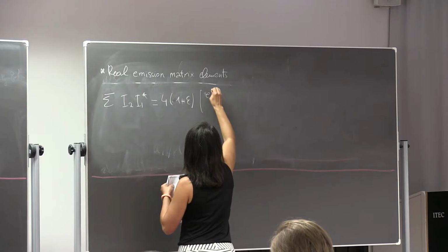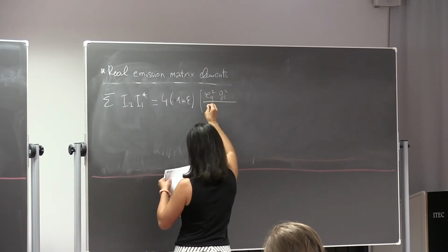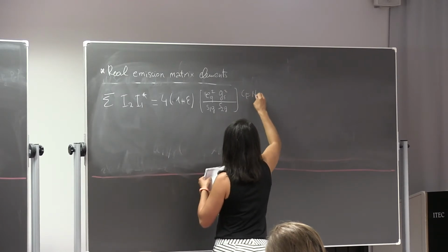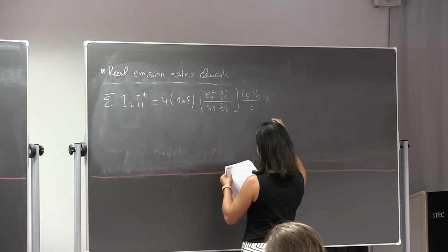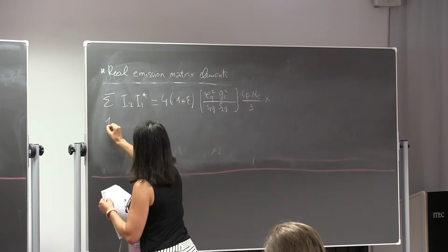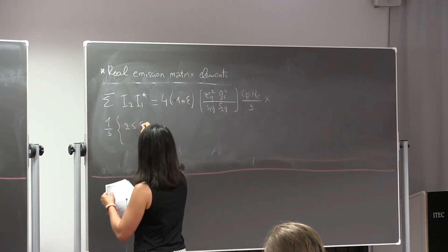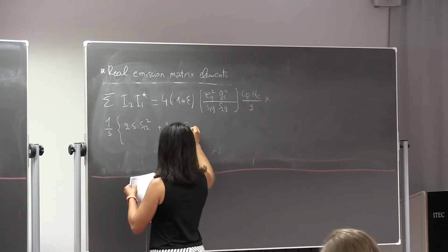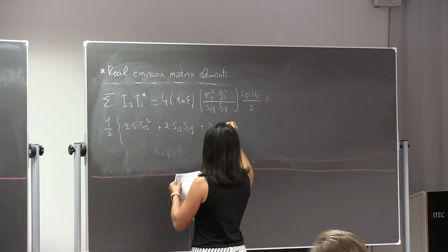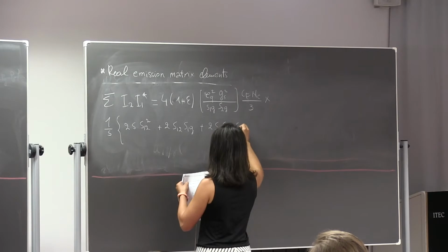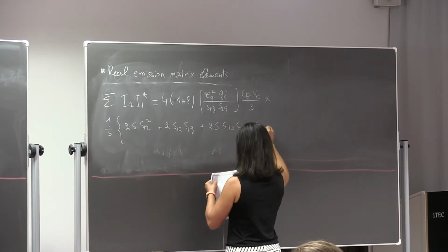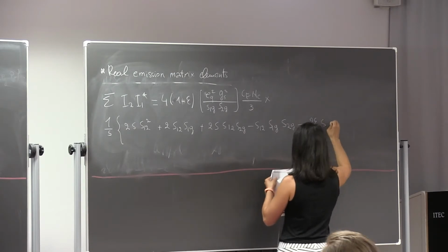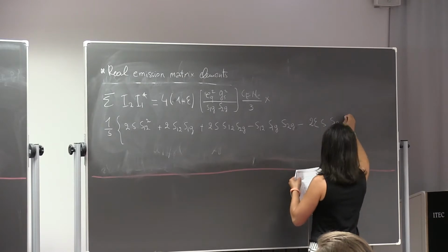And so EQ squared times 1 over s, and then you have a long expression here, 2s s12 squared plus 2s s12 s1g plus 2s s12 s2g minus s12 s1g s2g minus 2 epsilon s times s1g times s2g.